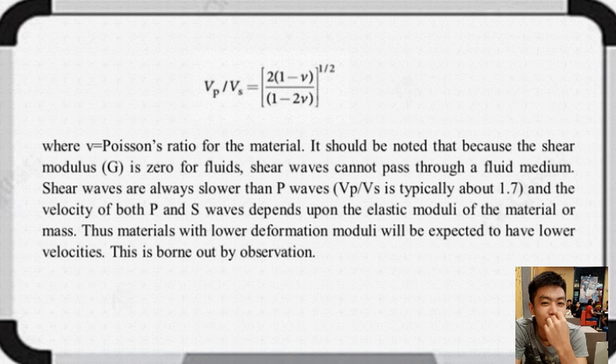Vp over Vs is equal to the bracket of 2 quantity of 1 minus v over quantity of 1 minus 2v to the power of 1/2, where v is Poisson's ratio for the material.